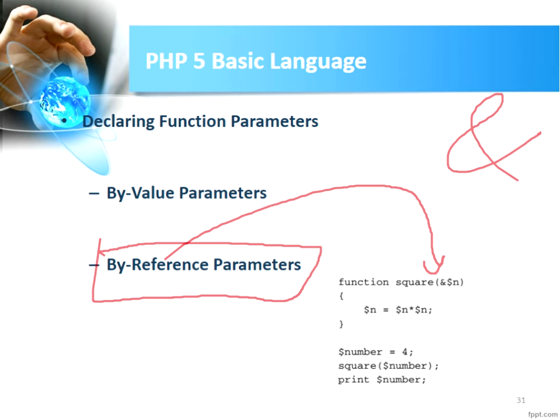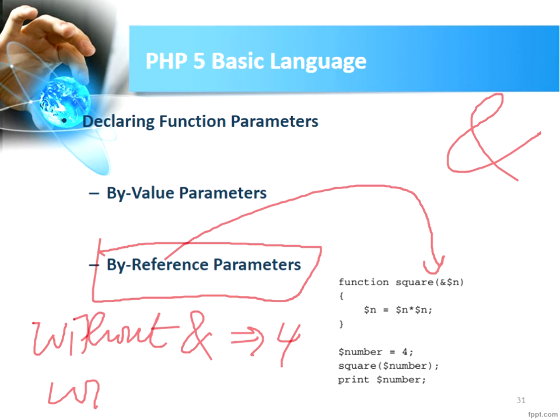Number equals 4, square number. Without the ampersand I will obtain 4. With the ampersand I will obtain 16 when I write print number.